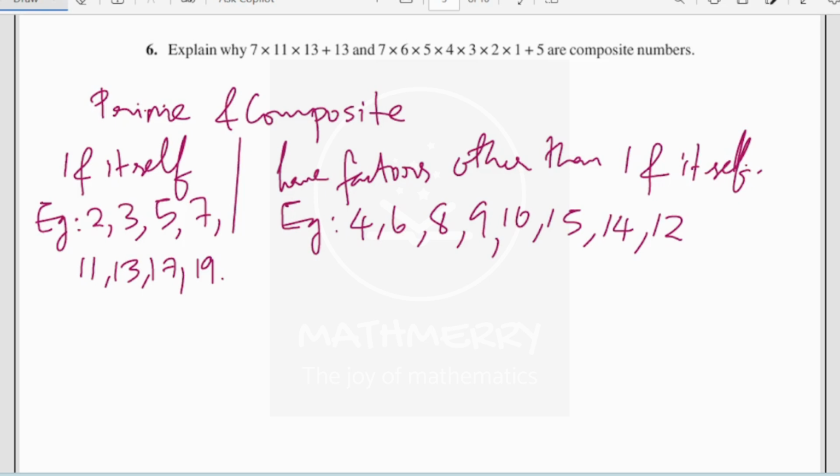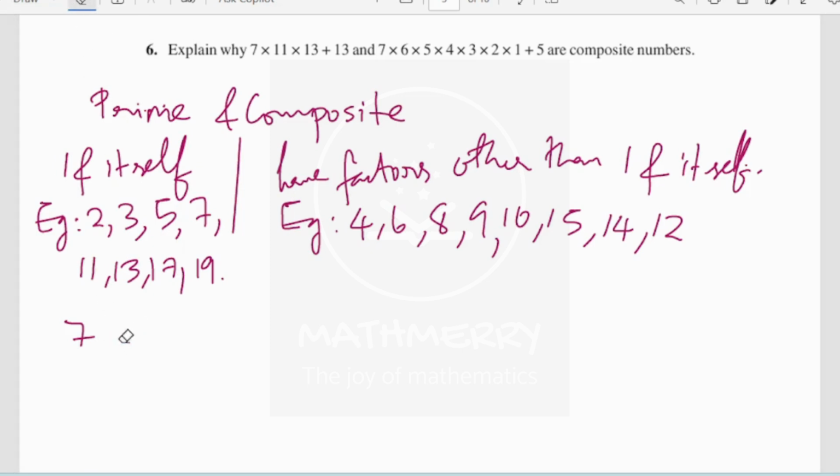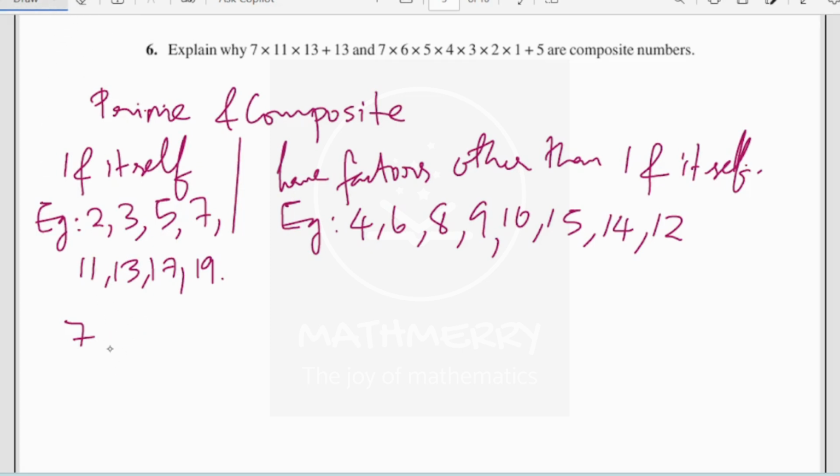Now, in the question, it can be observed that the first is 7 into 11 into 13 plus 13.